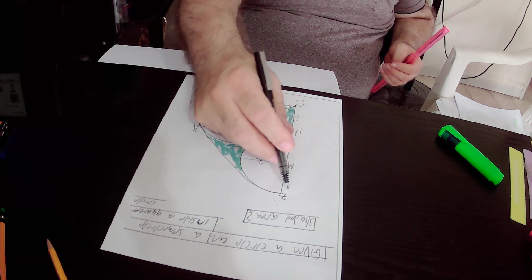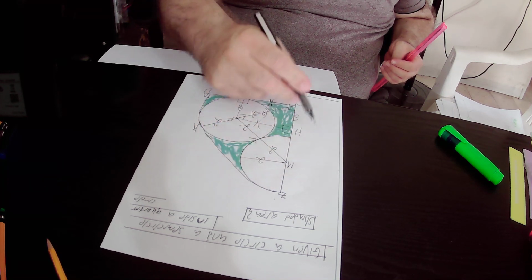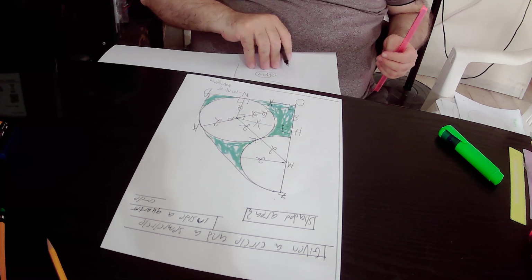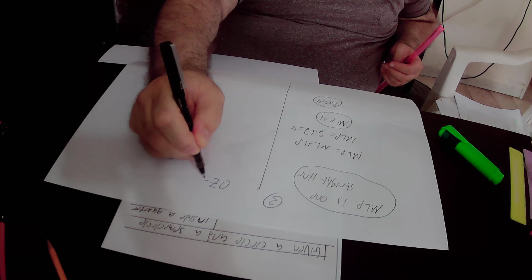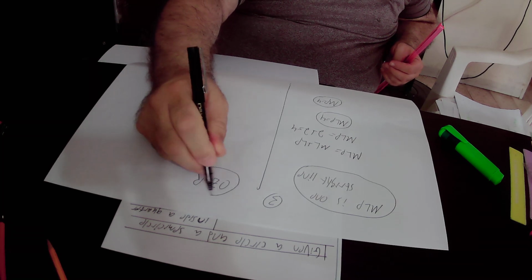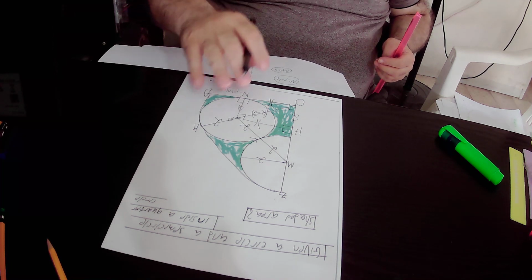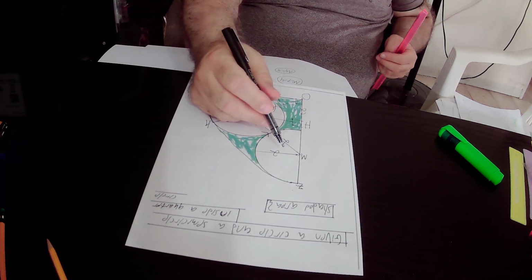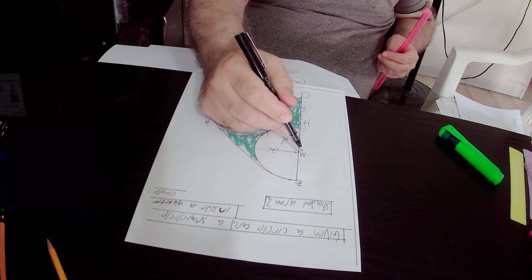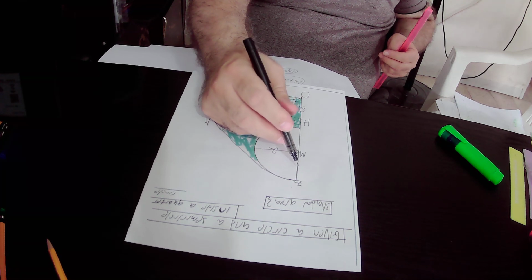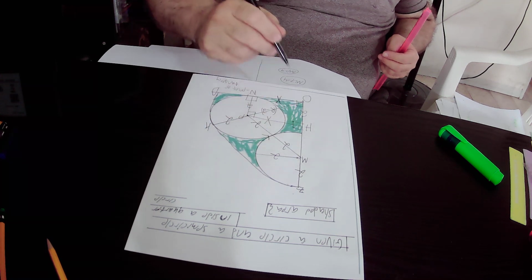Point Z is a point on the quarter circle itself, so that is to say OZ equals capital R. OZ equals capital R, it is the radius of the quarter circle. Point M is the center of the semicircle. Point Z is a point on the semicircle itself, that is to say MZ is the radius of the semicircle that is equal to 2 units according to what is given in the question.